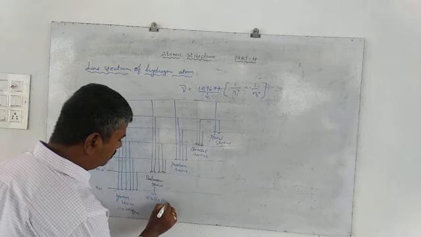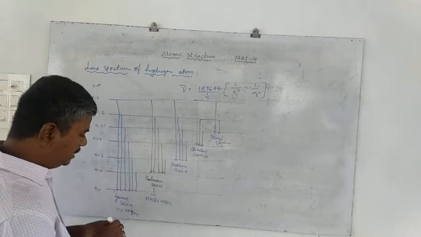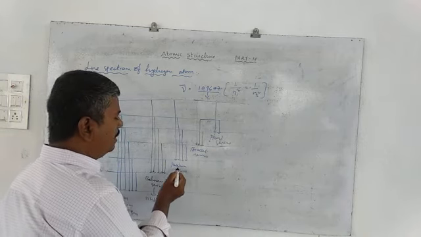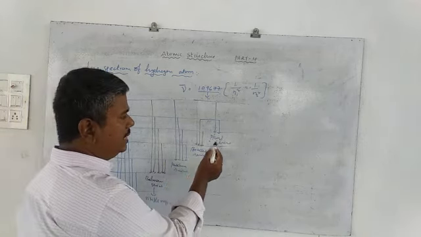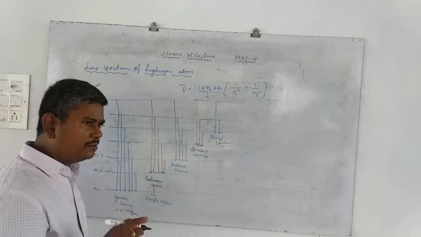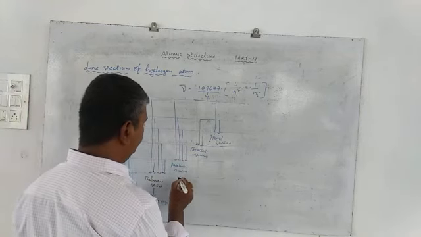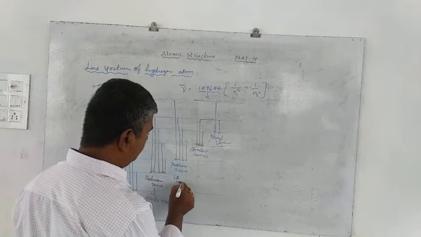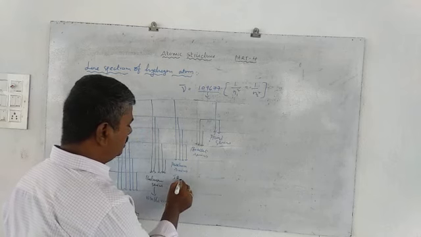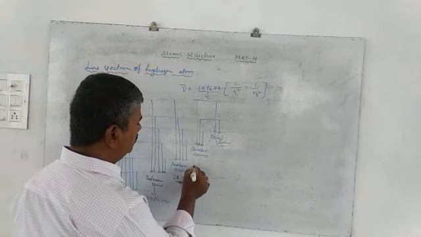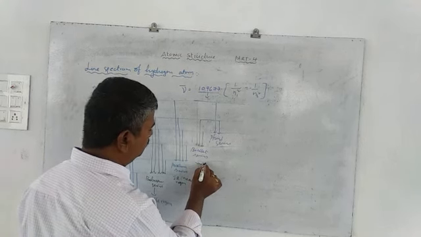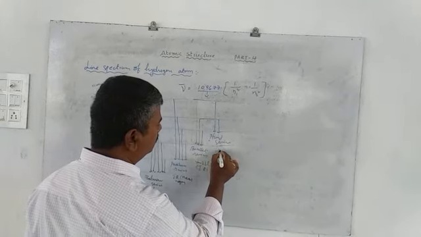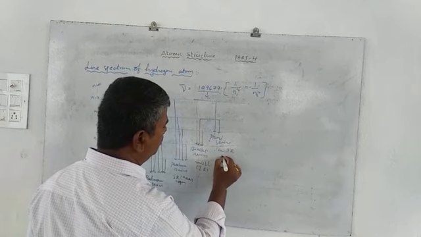The Paschen, Brackett and Pfund series are observed in the infrared region: near IR, middle IR and far IR.